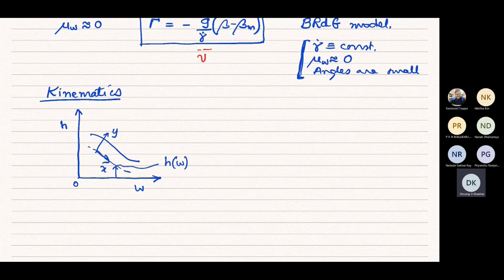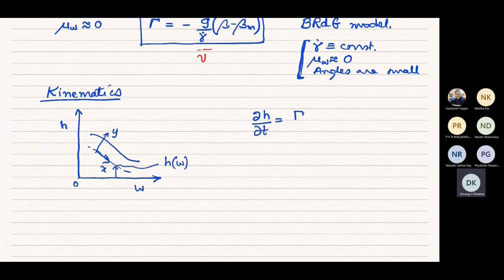As things deposit, since the velocity Vy is in the Y direction, there is a deposit in this direction, but the height is changing in this way. If you want to find the rate of change of height, then del H by del T is equal to gamma, because if gamma is positive, that means it's depositing, so height will increase.